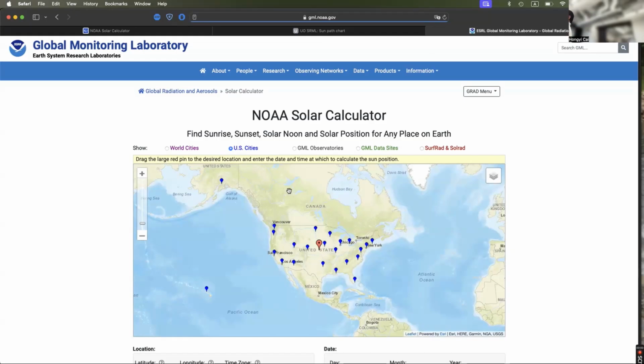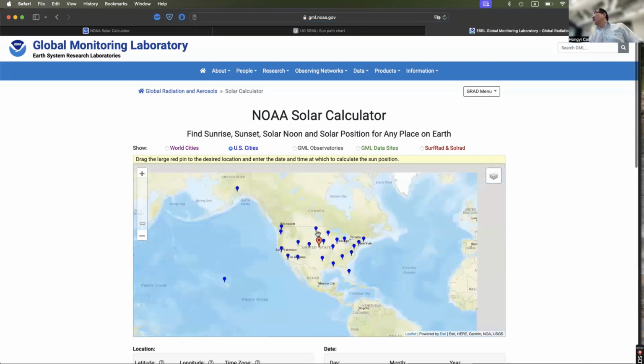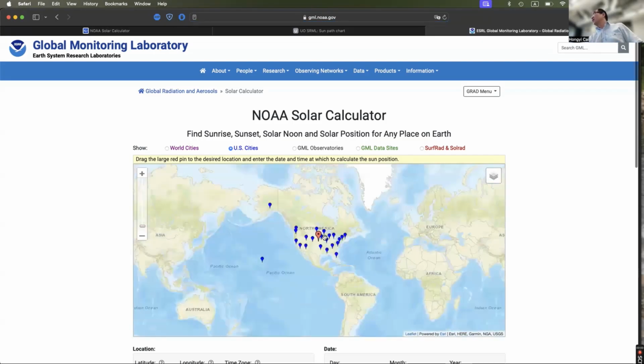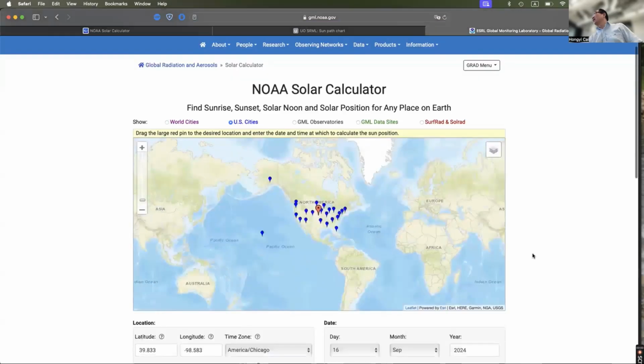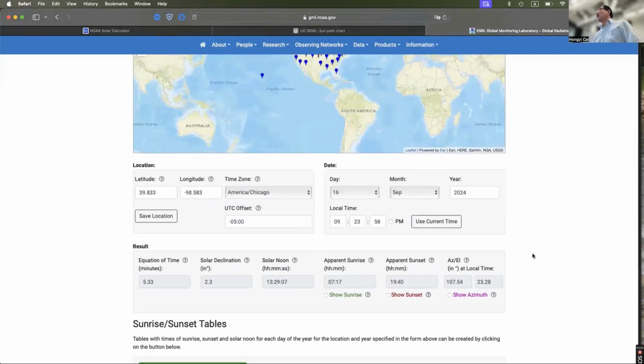It finds the sunrise, sunset, solar noon, and solar position for any place on Earth. This is the default place here, right? So let's go down. You actually need to put in the latitude and longitude. I can put it right over there, because I have my latitude and longitude on top, which we need all the time. So we can change it.